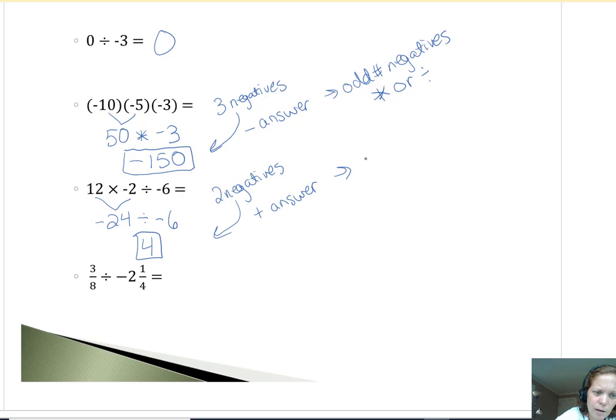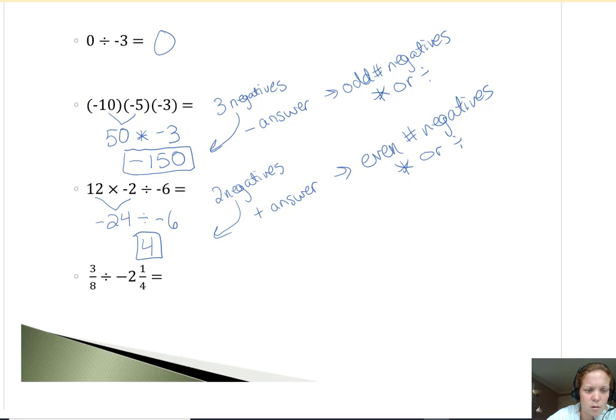Whenever I have a positive answer, that'll happen when I have an even number of negatives, but only when I'm talking about multiplication or division. Adding and subtracting could be totally different. But with multiplication and division, if I have a bunch of numbers, an even number of negatives, it'll always come out to be positive.